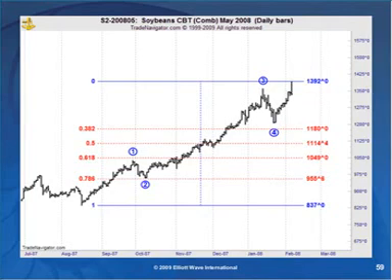Well, if we're going to turn down, how far are we going to go down? We have to know that, because we're going to have to compare that to the premium that we're paying. Well, in the information I have here, we're not quite sure whether this whole 1, 2, 3, 4, and 5 is, at the next higher degree, a third wave, a first wave, a fifth wave. Well, the most conservative would be it's a third, and you're going to go into 4, which means you would at least go to 1180.